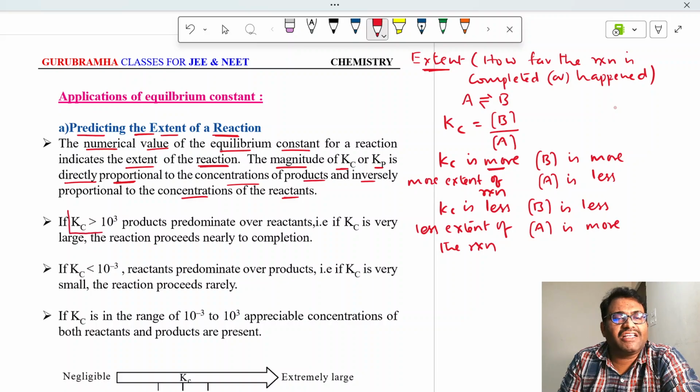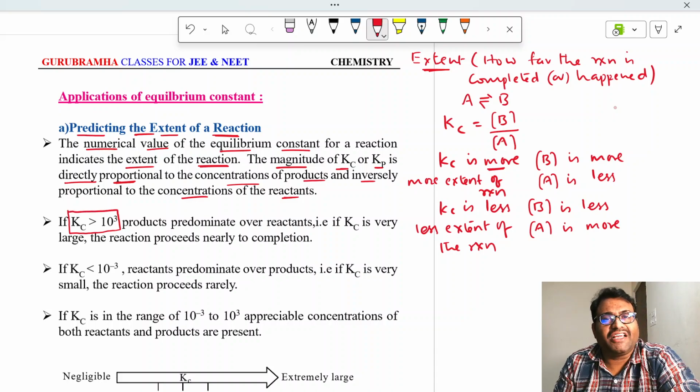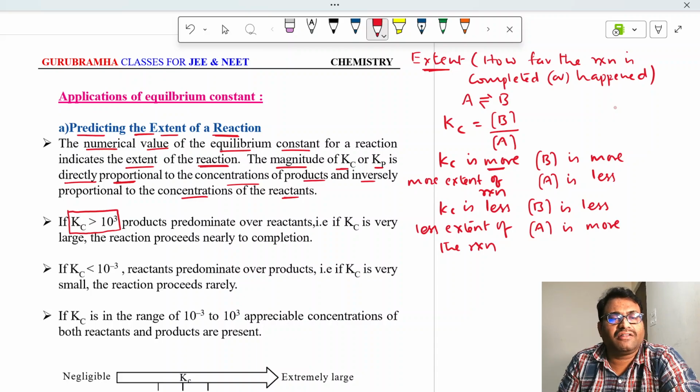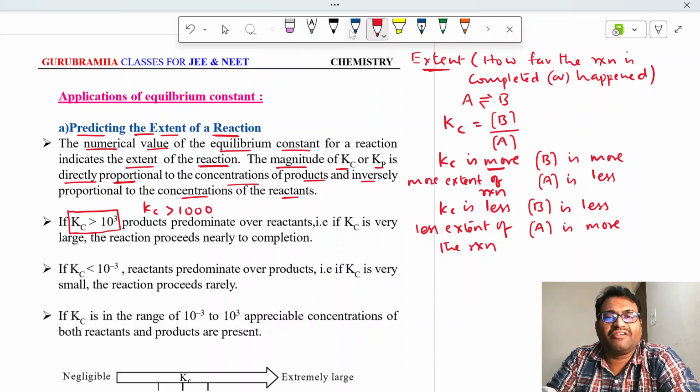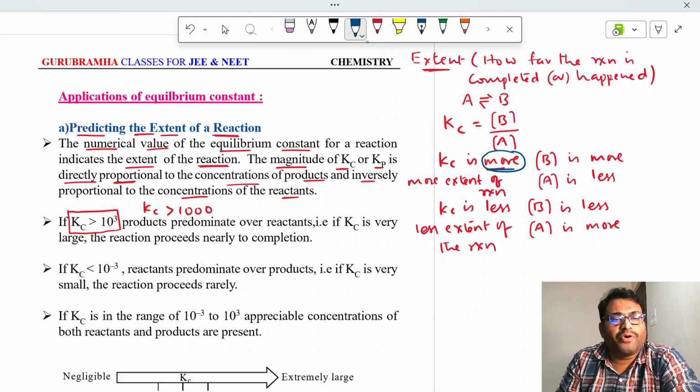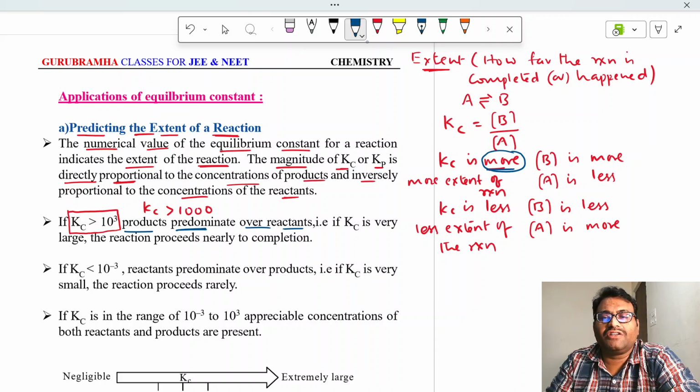Kc in many reactions was experimented and a general representation was given. What is that general value? If Kc is greater than 10 power 3, that is, greater than 1000, that means Kc is more. What does that represent? Products predominate over reactant. Product concentration is more.